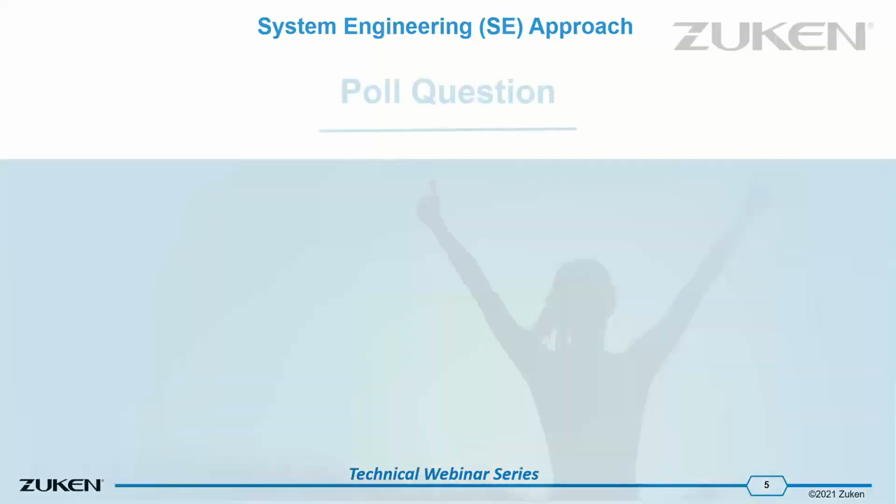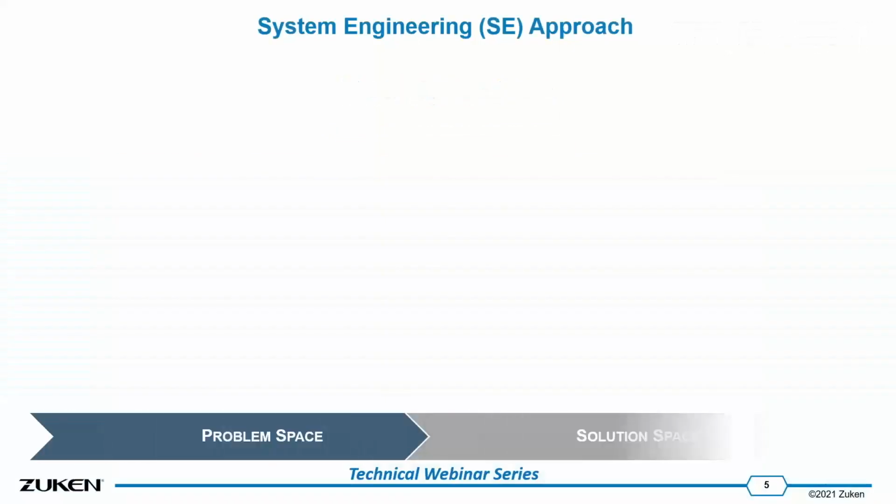So I'm going to start, wrong direction. Start with the very abstract, systems engineering likes to break things into two spaces. A problem space, which is where we talk about needs and definitions of what the problem is, and the solution space, which becomes your implementation space.